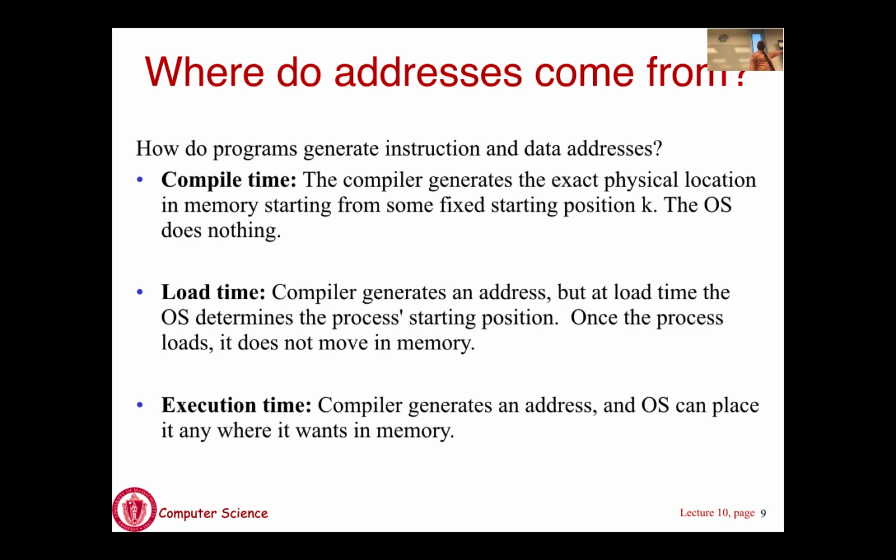Sometimes you can do this at load time, but you cannot do this at compile time unless you have a uniprogram system. In a uniprogram system, you have only one process executing at any time. You can make an assumption that that process is always loaded at physical address 0. So in this case, virtual addresses and physical addresses will be the same because the start of the process is address 0, and you are effectively generating physical addresses. That's the only time you can do this at compile time, but most systems are not uniprogram systems. They are multi-program systems.